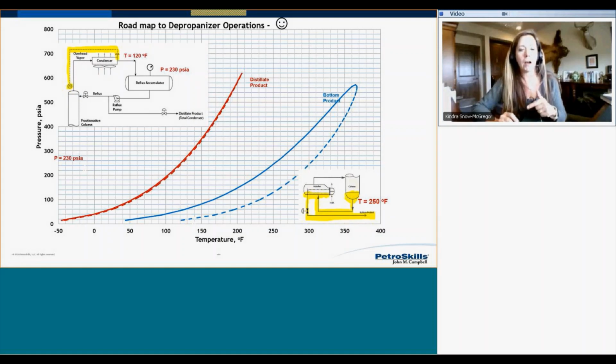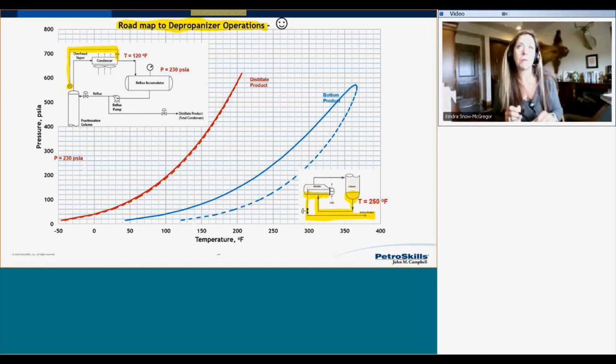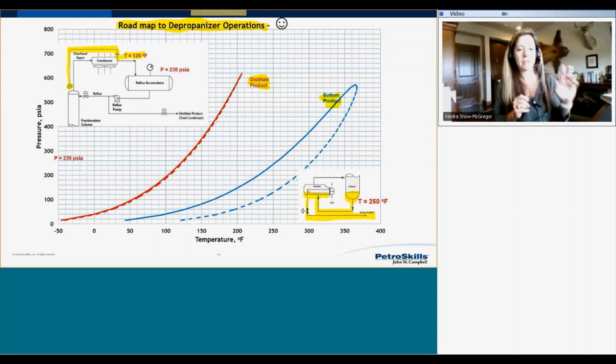understanding my column operations. Notice I'm showing my phase behavior, and this is my roadmap to the depropanizer operation. I'm showing you my distillate product phase envelope, and also the bottom product leaving that column. In this example, I'm controlling the column pressure by condensing my distillate at 120 Fahrenheit.